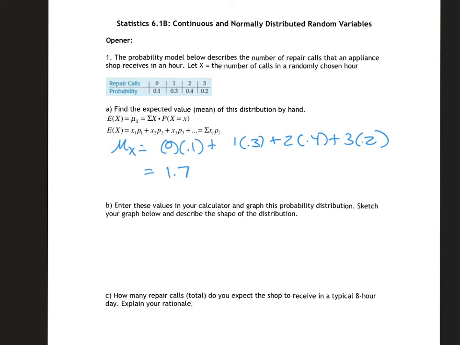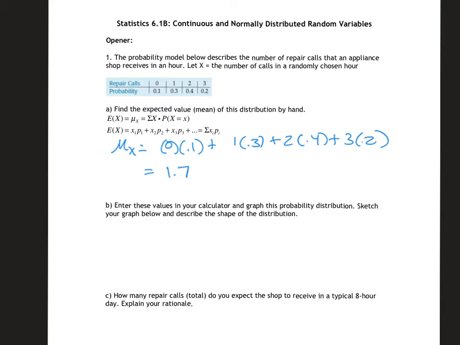It's often helpful to enter these into our calculator. To do that, you would have L1 be your repair calls, and L2, the frequency, be your probability. If we do a little graph, you're going to see, and you can check out my solutions, that it's roughly symmetric, maybe slightly skewed left.